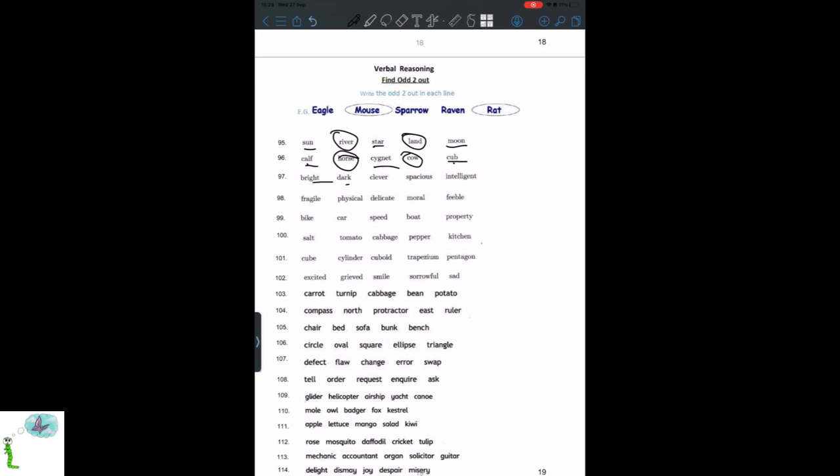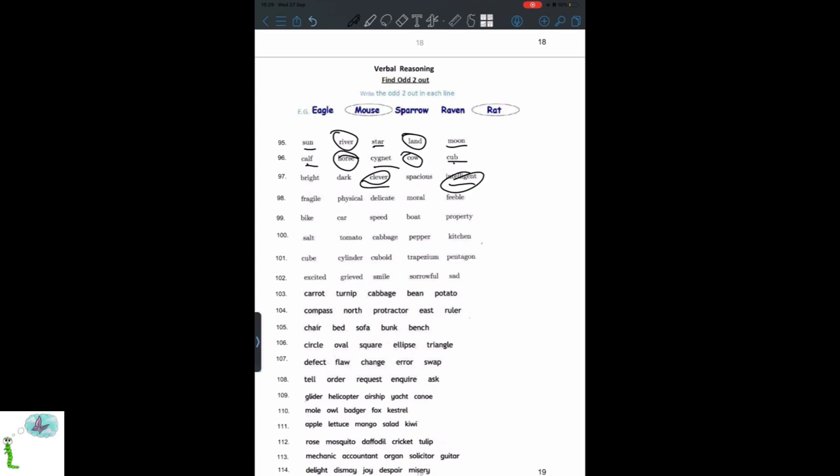So bright, dark. You can already see these two are quite similar. Clever, spacious, intelligent. So these three describing an area, and these two are describing a person, really. So it's going to be them two.